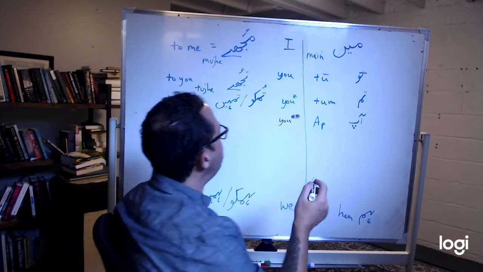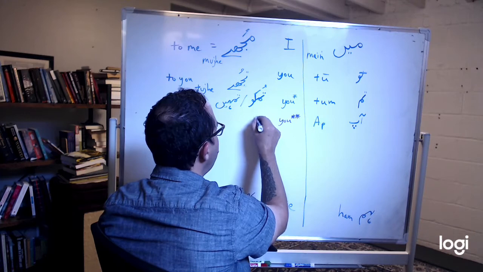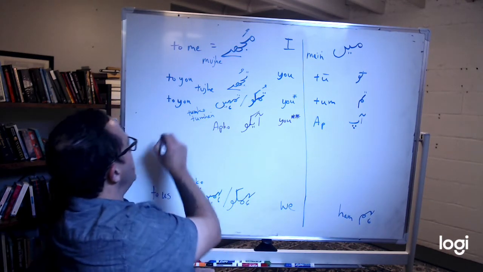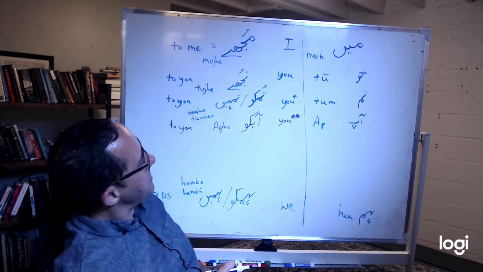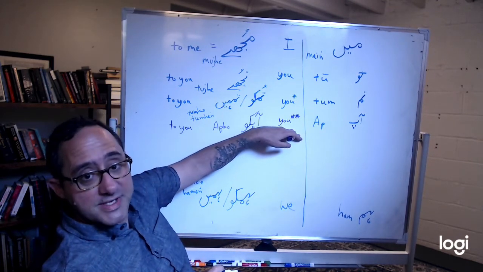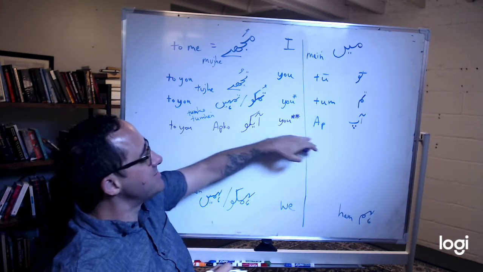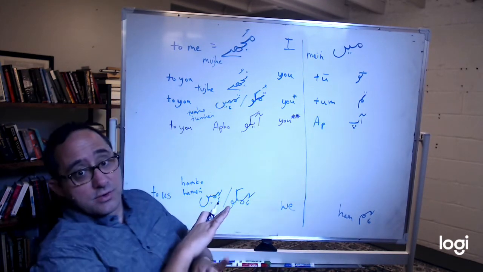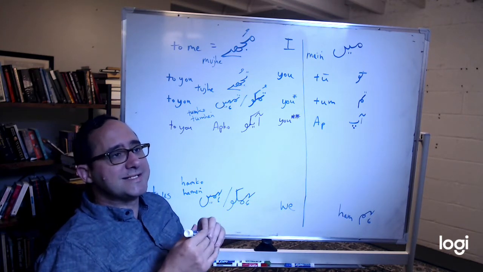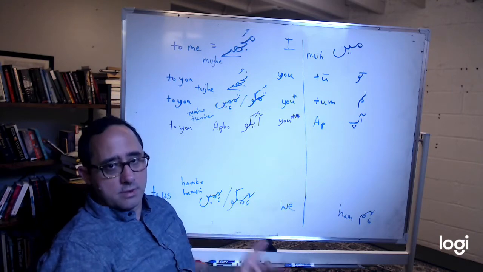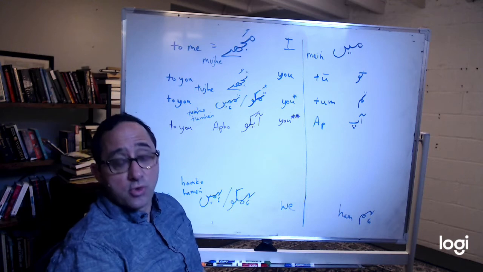For aap, it's aapko. That's the only one that you can do. Aapko, to you. So aap is the most polite. This is what you'll want to learn to use for Urdu. For Hindi, sometimes you can get away with tum. For Urdu, start with aap. Urdu overall, next to Hindi, is much more formal. There's a lot more formality in it. Why is that? Because it comes from a royal language.